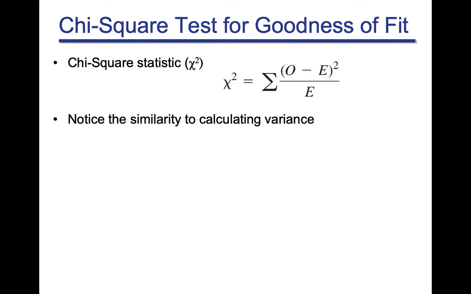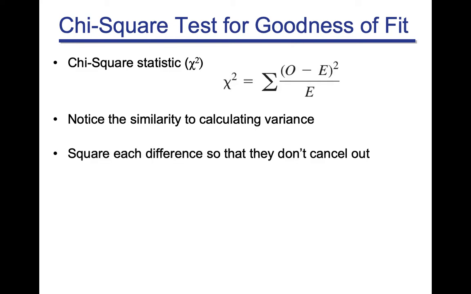It's similar to calculating variance. We end up squaring each difference so they don't cancel out. Very common theme throughout the class is that if we just look at deviations from the mean and sum them up, they sum to zero. If we look at our regression errors that are either over predicting or under predicting, and we just sum those up, those will cancel to zero.